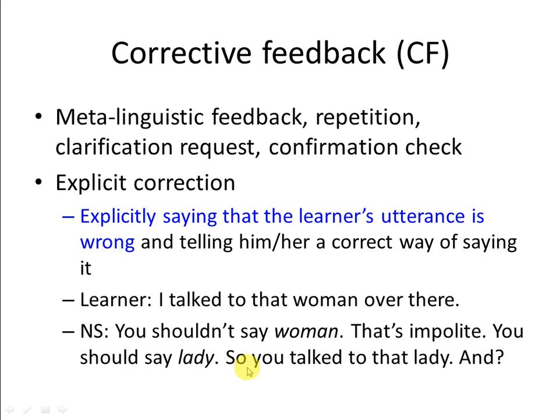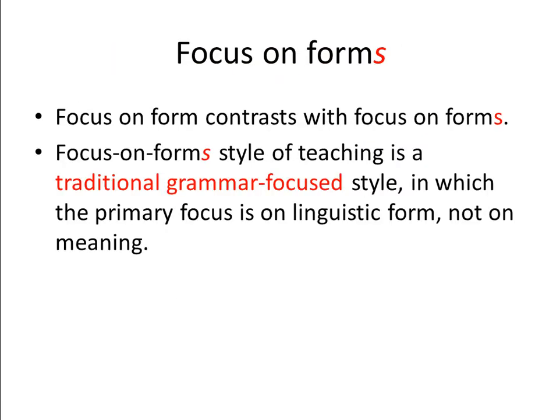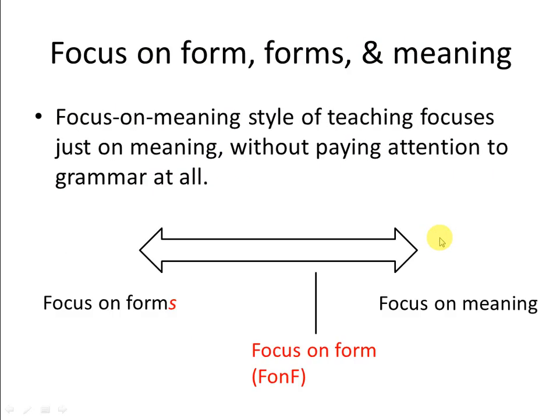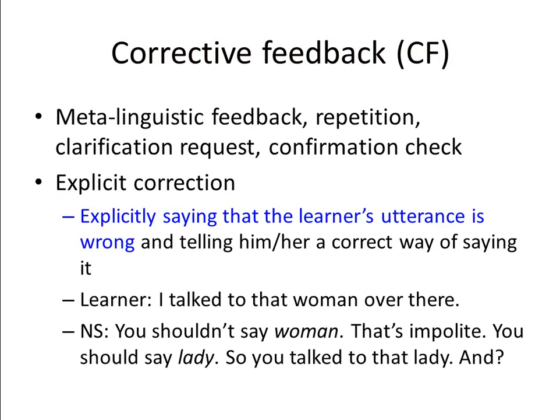So you talk to that lady." Here, isn't it very explicit? The bank clerk that I talked with said something like, "Okay, you talk to that lady." But in this case, this native speaker says you shouldn't say woman. That's impolite. You should say lady.